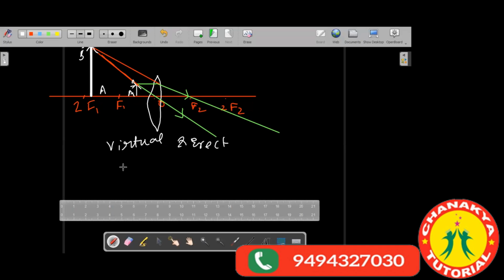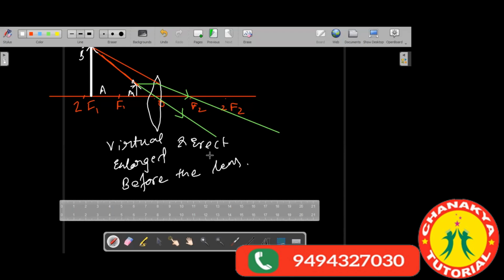The image is enlarged. It's bigger in size. We say image is enlarged. And about the position, it is found before the lens. So before the lens, it can be found anywhere.